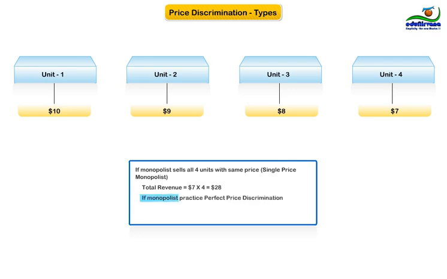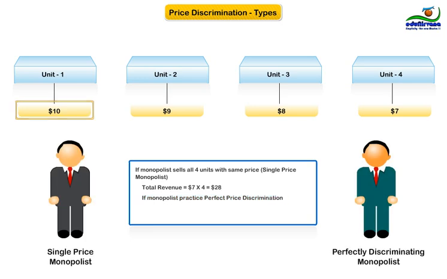Now, suppose the monopolist can and does practice perfect price discrimination. It charges $10 for the first unit, $9 for the second unit, $8 for the third unit, and $7 for the fourth. Its total revenue is $34. That is 10 plus 9 plus 8 plus $7.